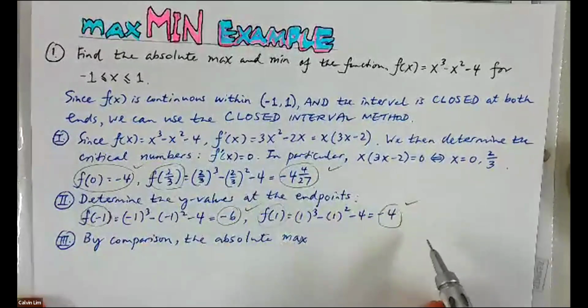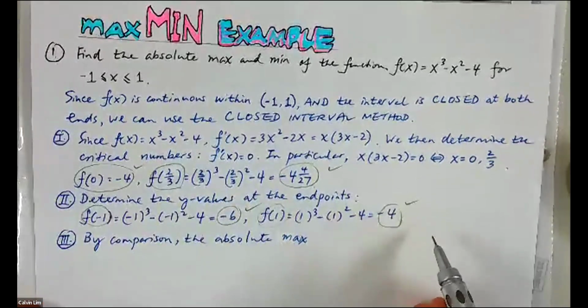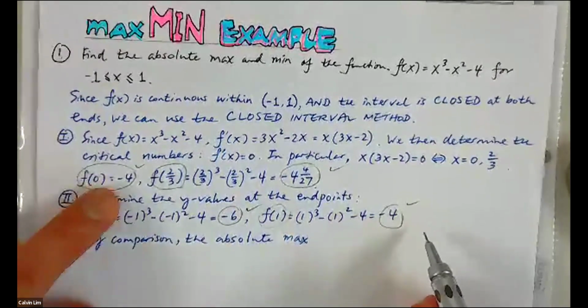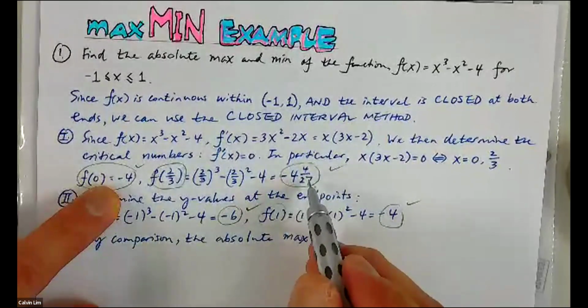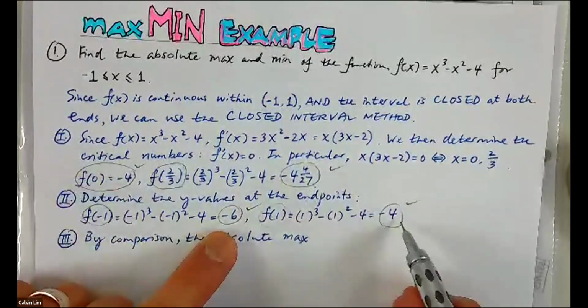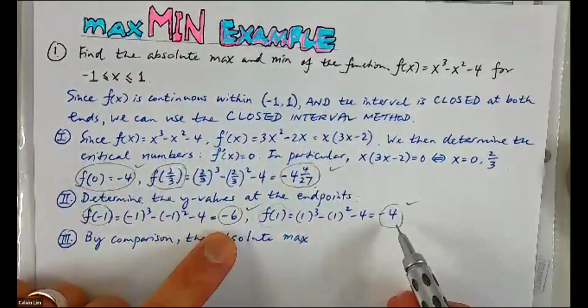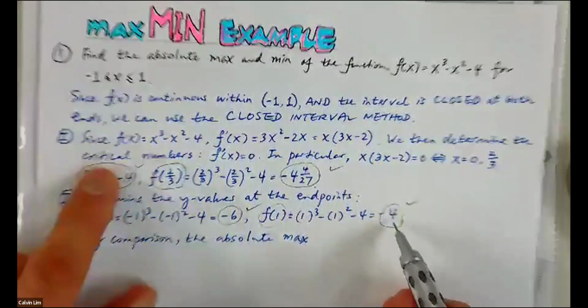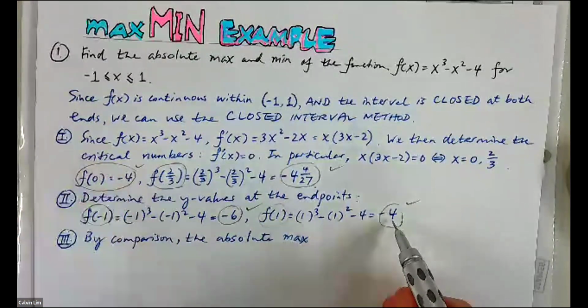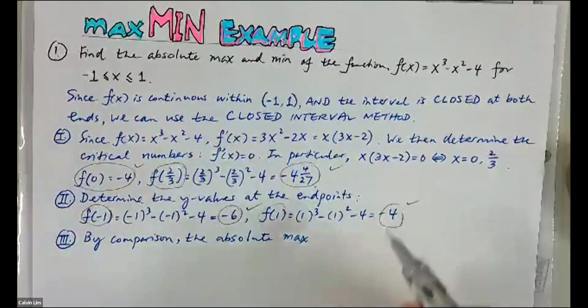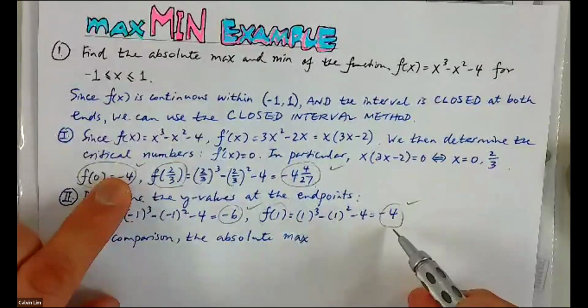So what's the largest y value? We have -4, -4, and -4 and 4/27, -6, or -4. What's the largest y value? The largest y value is -4/27... wait, the largest is -4 and 4/27 compared to -4; by comparison, -4 is larger. So -4. Does it matter it happens twice? It doesn't matter.